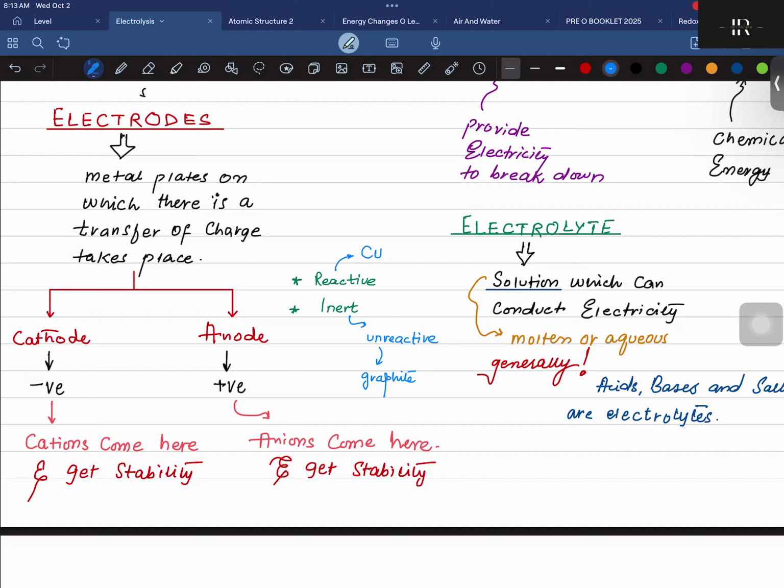Basically, a reactive electrode takes part in a chemical reaction and an inert electrode does not take part in a chemical reaction. This is the difference between reactive and inert electrode. You are supposed to write it down. Reactive electrode takes part in a chemical reaction.